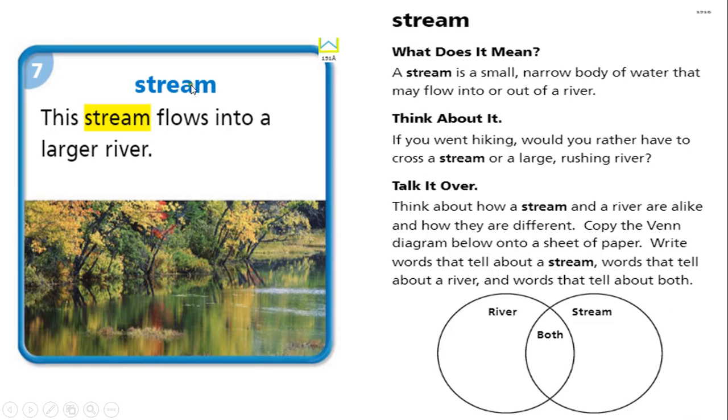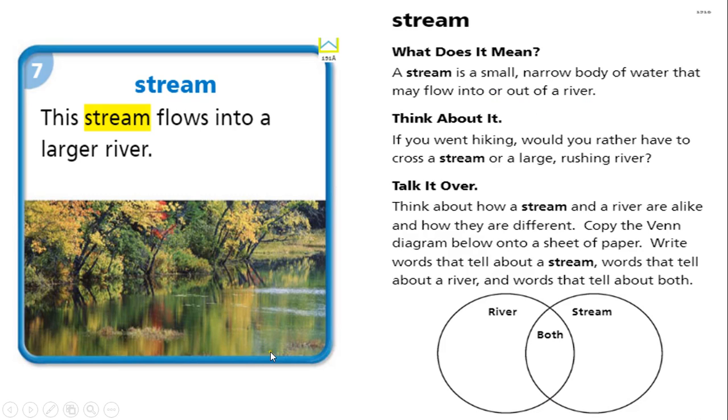Number 7, stream. This stream flows into a larger river. A river is very large in width. A stream is like a river, only smaller. So a stream is a small narrow body of water that may flow into or out of a river.